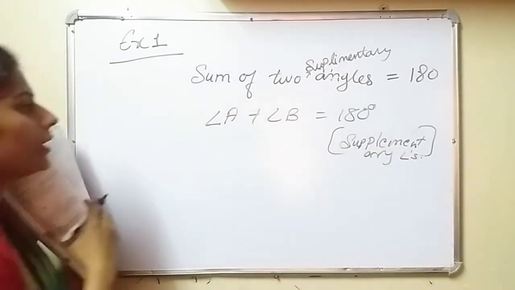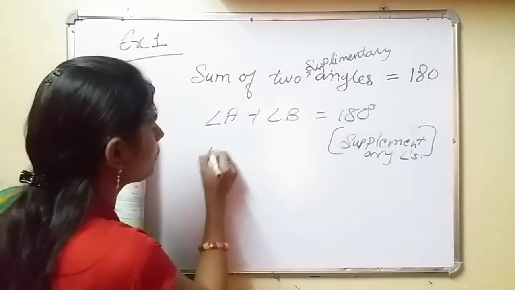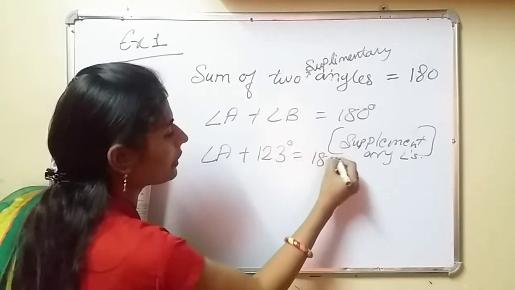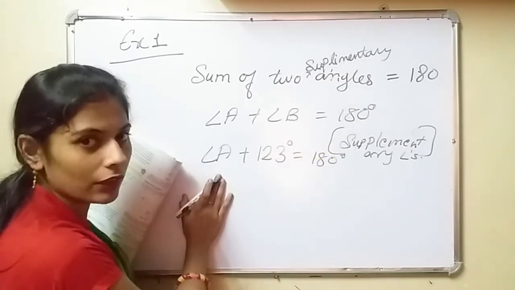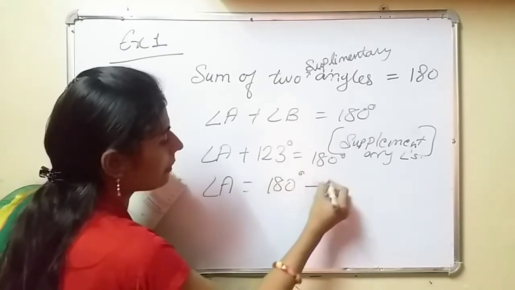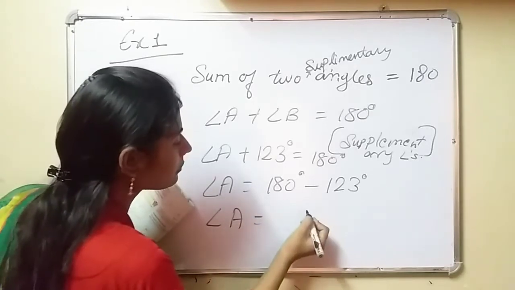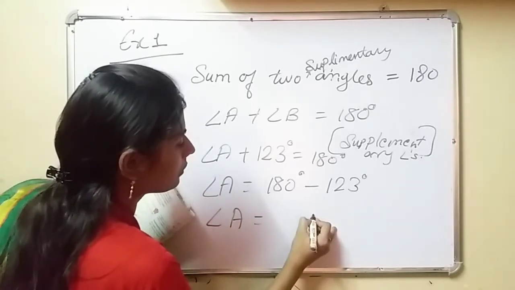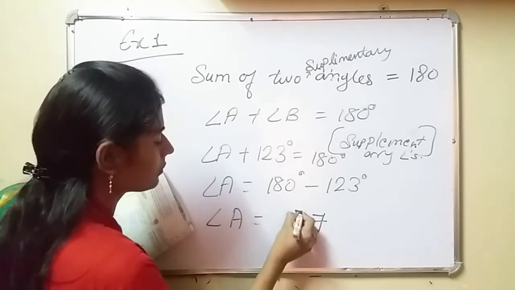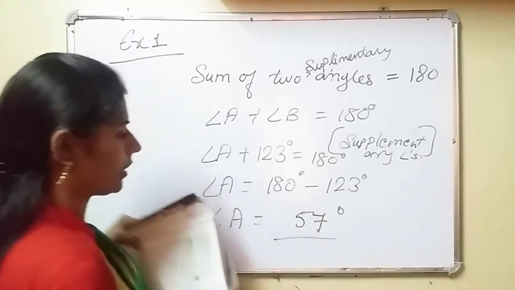Okay. Now see one angle is given here, already given here, that is 123. So angle A plus 123 degree is equal to 180 degree. Now you have to find out the value of angle A. So angle A is equal to 180 degree minus 123 degree. So angle A is equal to 57 degree.